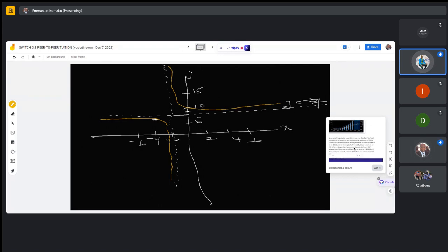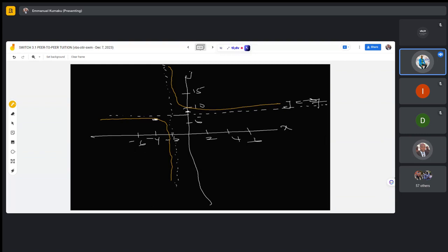I want to know the difference between the sketch and the draw. Does it mean that when you are sketching, we will not use any ruler? You have to use a ruler, but in a sketch, it is not to precision.